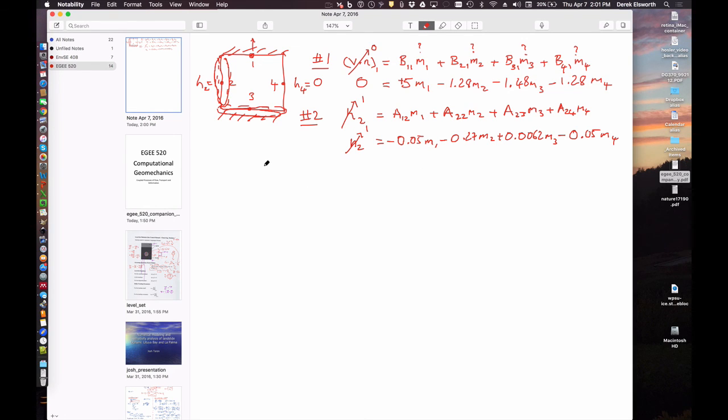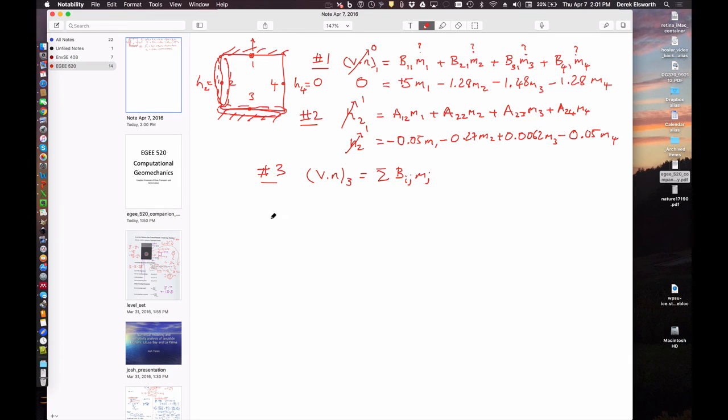And so for number 3, we would get the third equation. The velocity on this boundary is defined, so it would be v dot n at location 3 is equal to the sum of the b values Ij, mj.